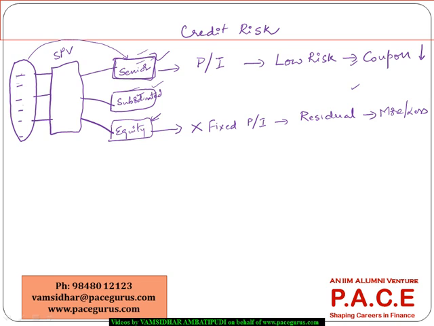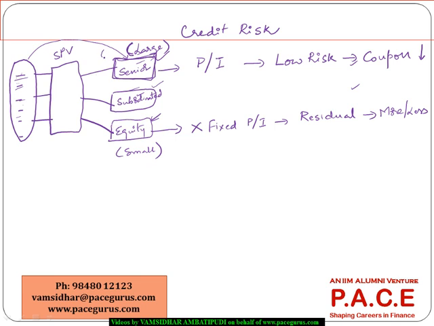So whatever they are receiving is completely variable, and even size wise, the number of bonds or the face value or proportion of the cash flows, this is a large composition, whereas the size of this is quite smaller.